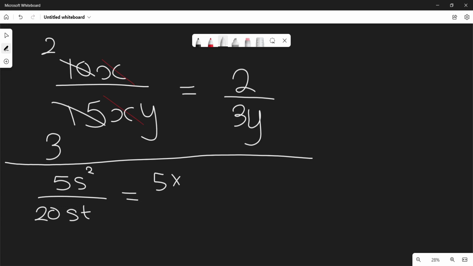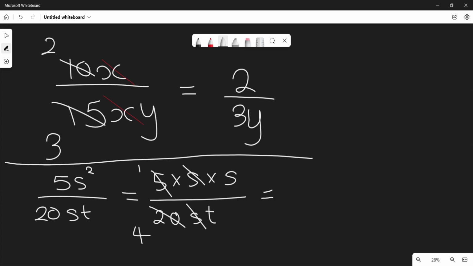Recall, s squared is just s multiplied by s, right? So we see that an s would cancel out. Then we have 5 into 5 is 1, 5 into 20 is 4. So all we have in the numerator is 1 multiplied by s, which is s, and 4t.